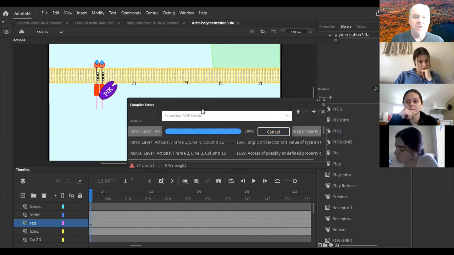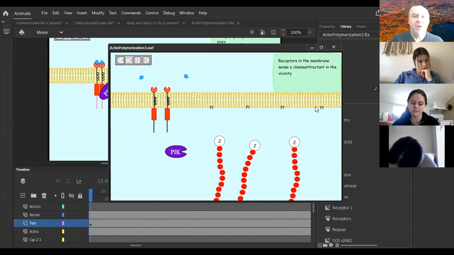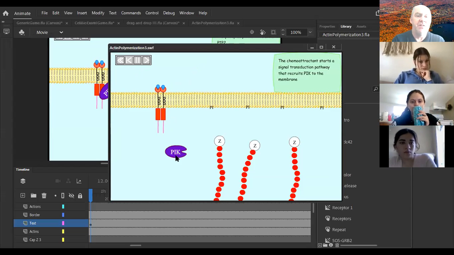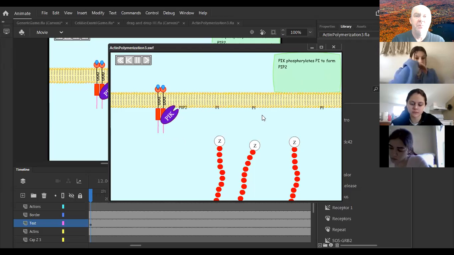So here's the animation of that process we just talked about. Some chemoattractant binds to these receptors, and the receptor, I'm leaving a step out here, would activate a G protein, and then the G protein activates this guy, PIK. PIK then phosphorylates these PIs into PIP2s.